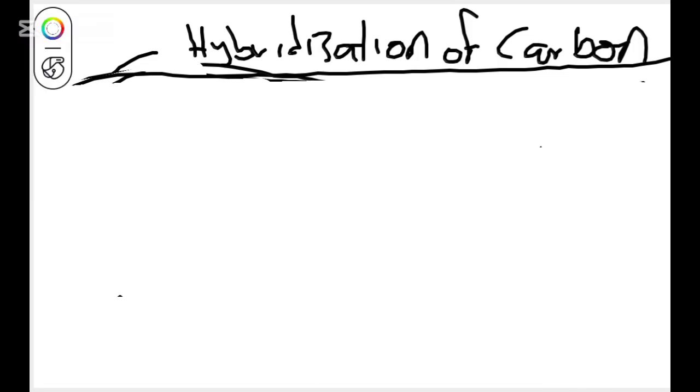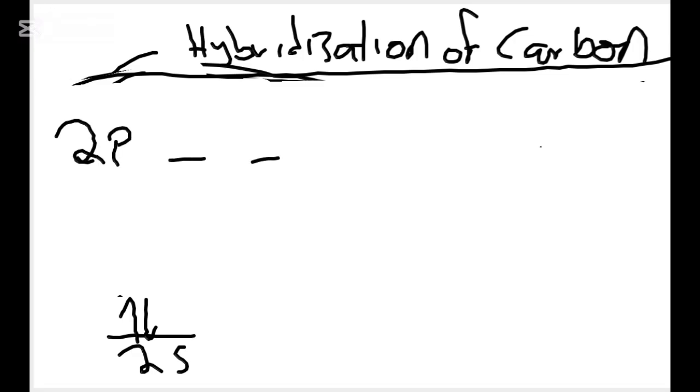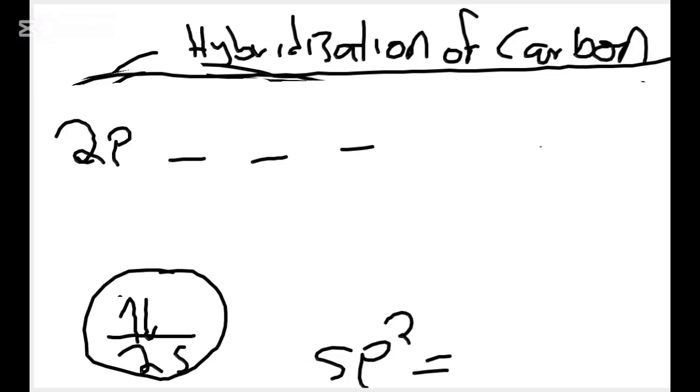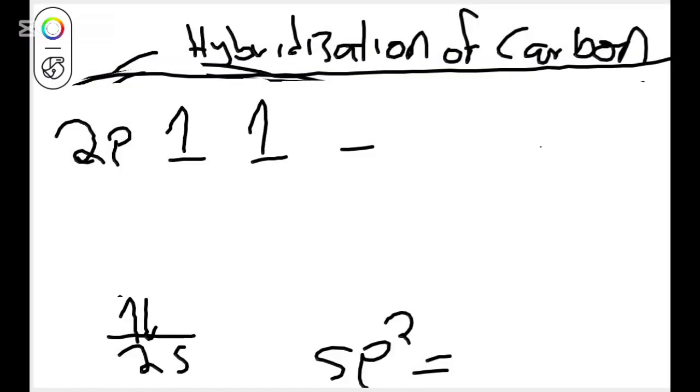So let's say sp2. If we move to sp2, we have 2s here and also 2p here. Because we are dealing with sp2, you have to take note that s is 1 and p is 2, so we have only 2p.